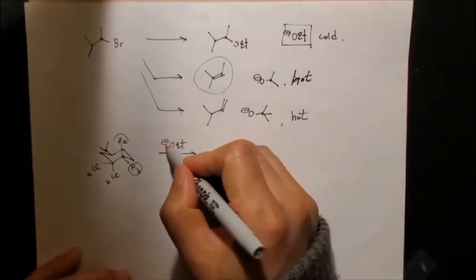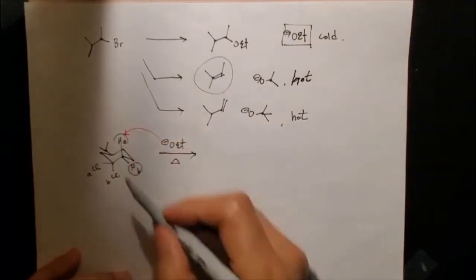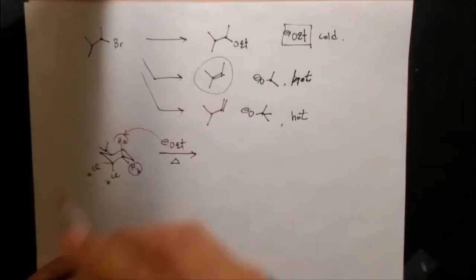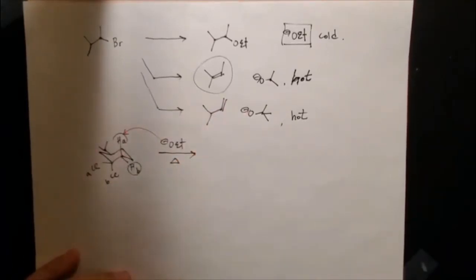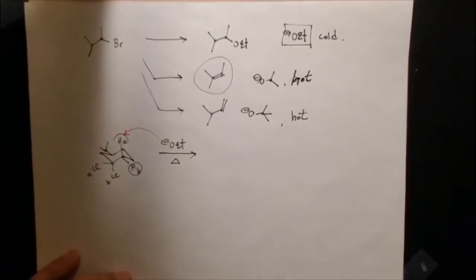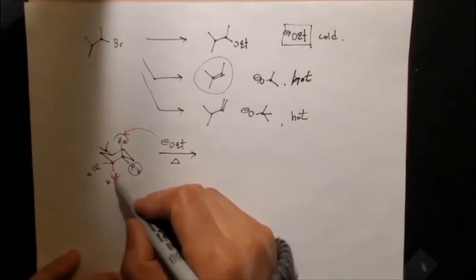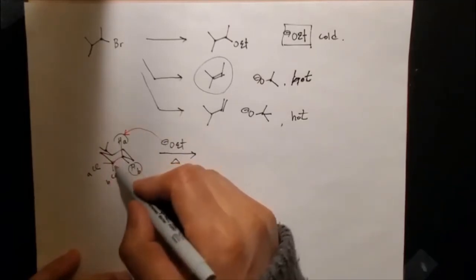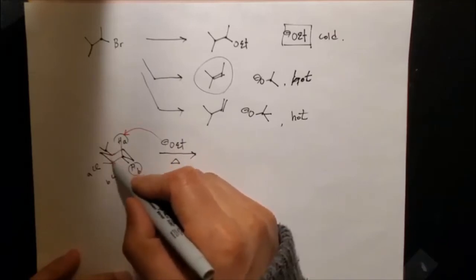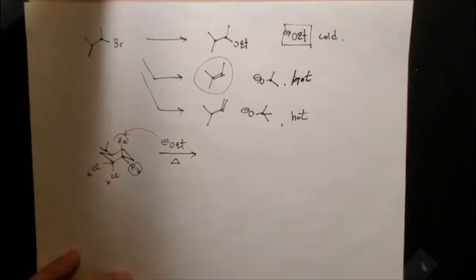So as this tries to attack, say, this hydrogen, this will be pulled away, and then you are forming p orbital there, and that should overlap with the p orbital that's formed by the leaving group departure. So here you lose this leaving group, then you're having p orbital there, so they're able to form pi bond.